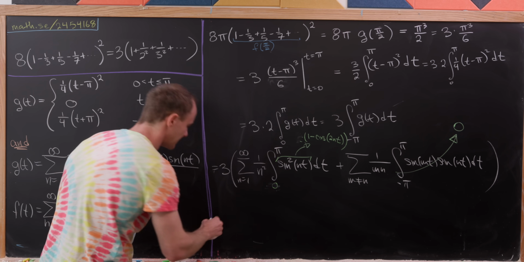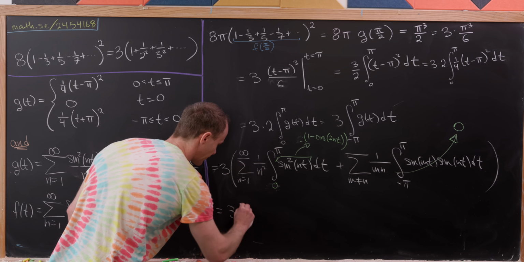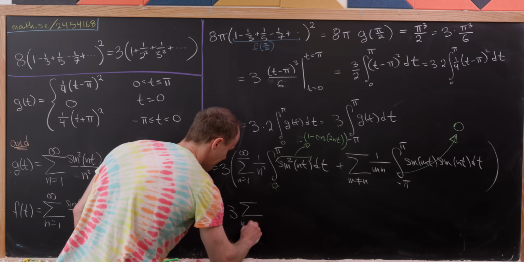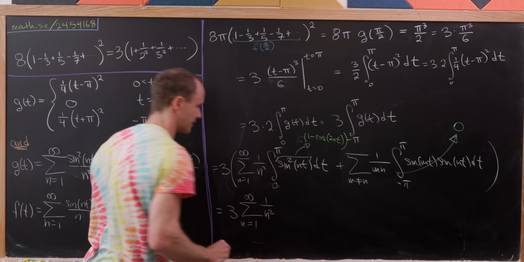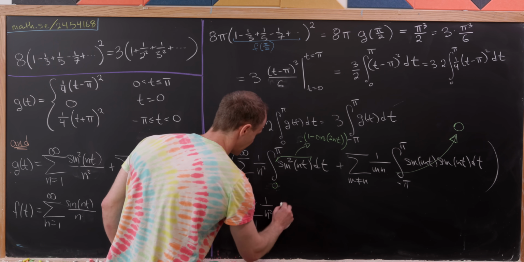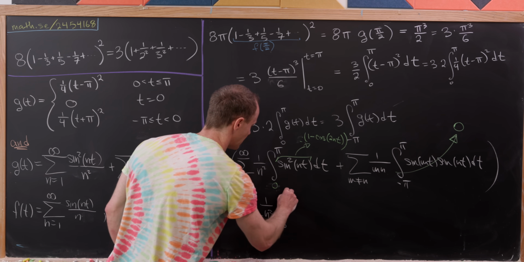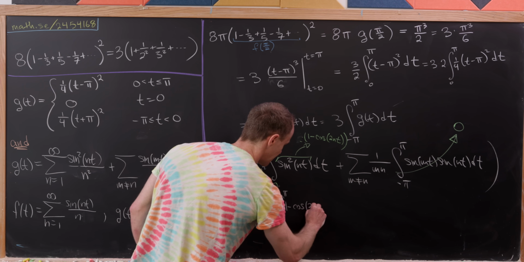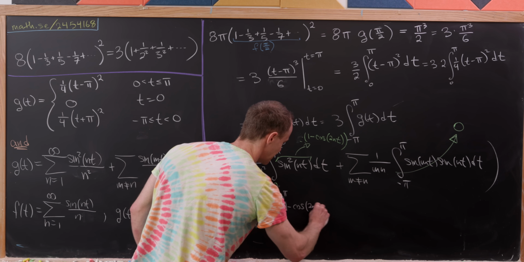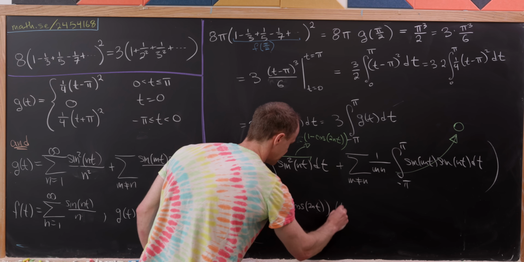Okay, and then let's see, what are we going to be left with? We've got 3, and then the sum as n goes from 1 up to infinity of 1 over n squared. And then we've got the integral from 0 up to pi of 1 minus cosine of 2nt dt.